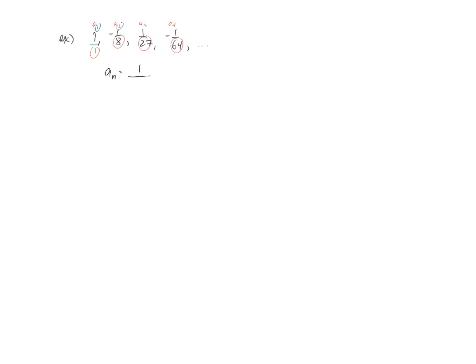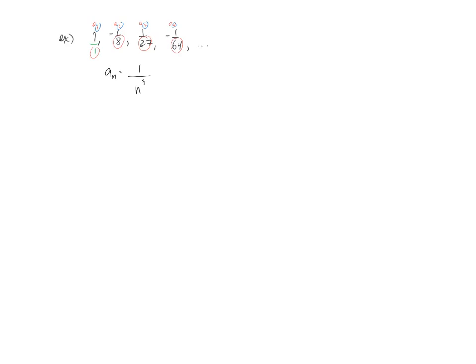When I plug a 2 into that formula, I get an 8. When I plug a 3 into the formula, I get a 27. And when I plug a 4 into the formula, I get a 64. With a little bit of trial and error maybe, you can see n cubed would be a perfect fit. By plugging the numbers 1, 2, 3, 4, etc. into n, it does give you the respective denominators.